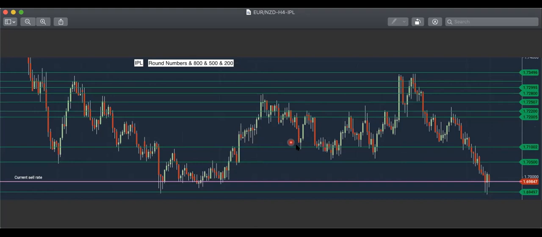Coming back, see, it is touching the IPL. So the IPL is like an order block. It didn't touch here, it touched later. So it was like a gap. So the IPL gap closed. So basically we have some kind of IPL gap as well.